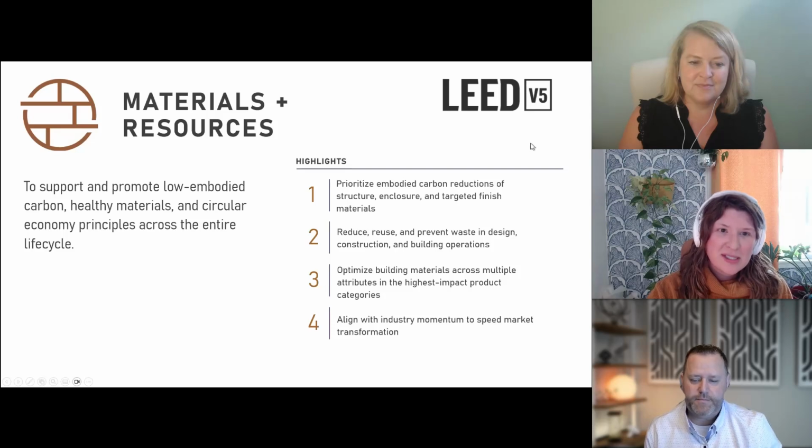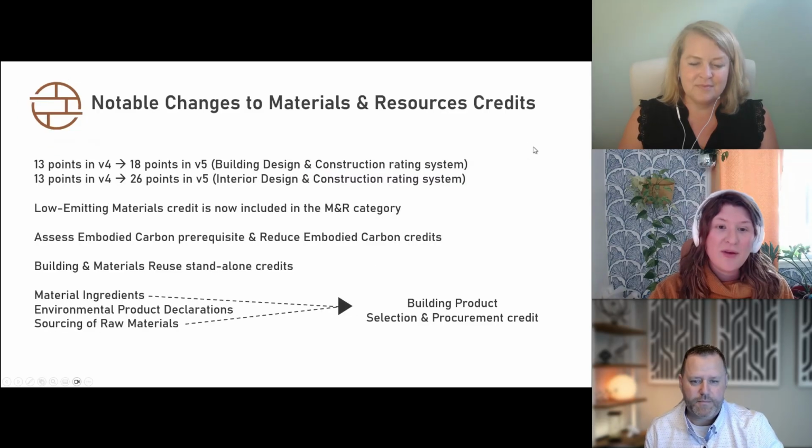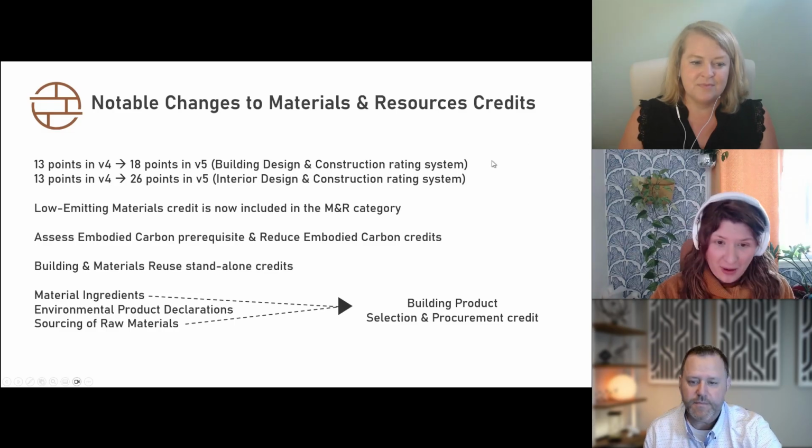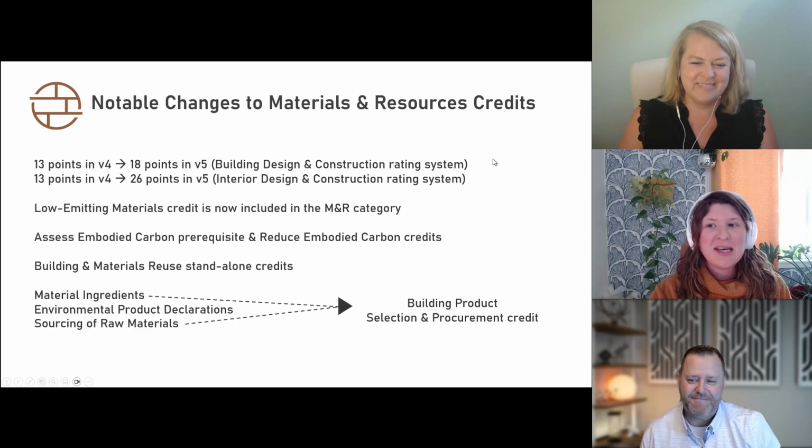So, summarizing the big changes to the materials and resources credits, again, we have more points in V5. You'll also notice that the low emitting materials credit has shifted into the MR credit category. My favorite part of our LEED V5 updates is that it is now required to quantify and assess your embodied carbon on a project.